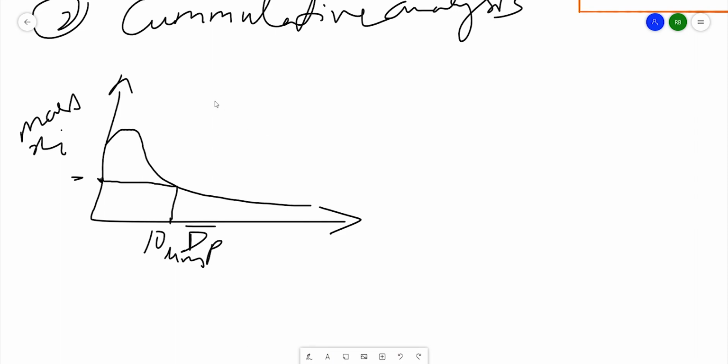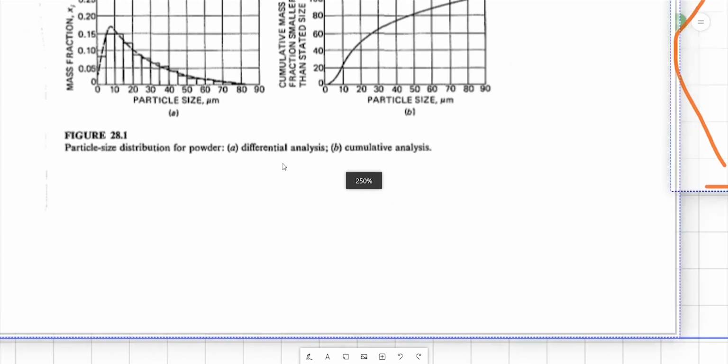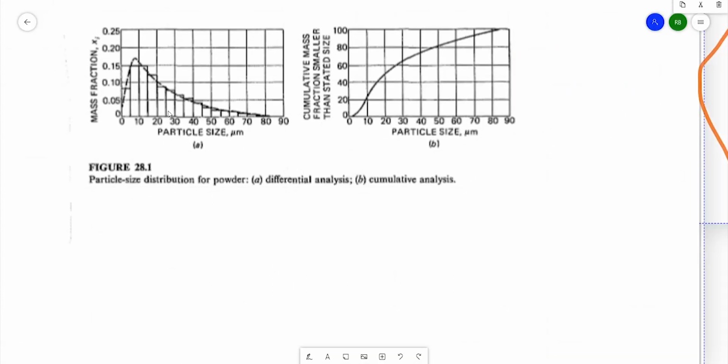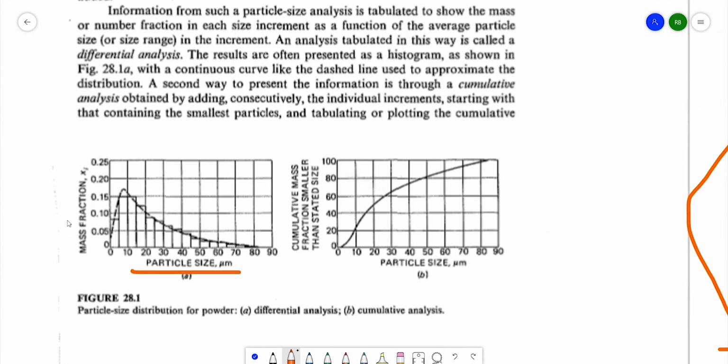So if you see the real plot from this, here it is a particle distribution graph, plotted using differential analysis. On the x-axis we have particle size, and on the y-axis we have mass fraction. Suppose the particle size is 20 micrometer, then the mass fraction will be 0.1.